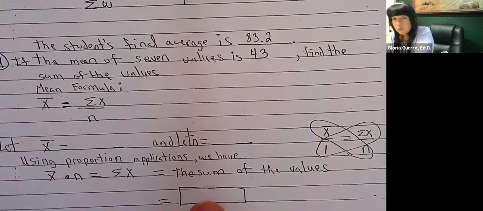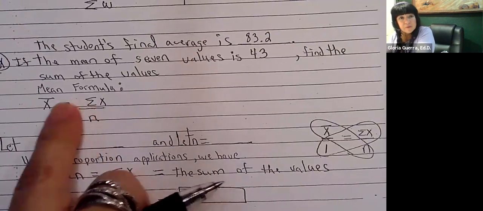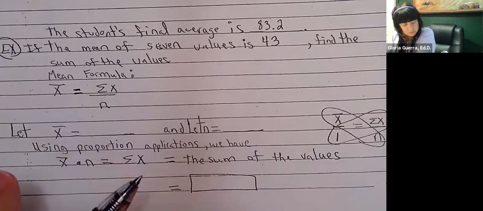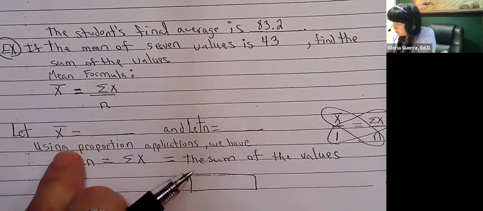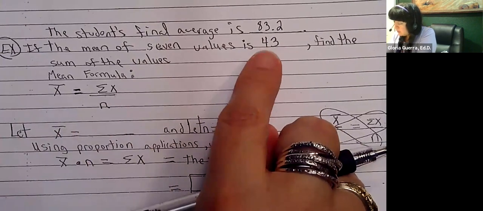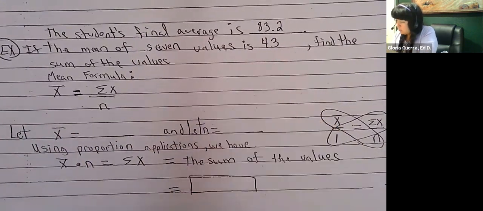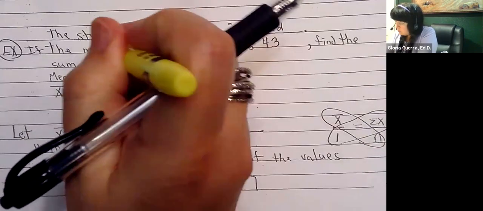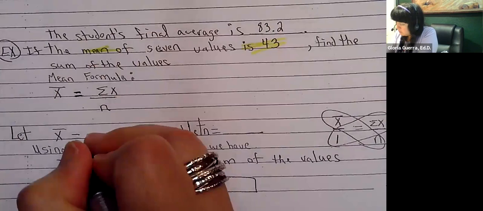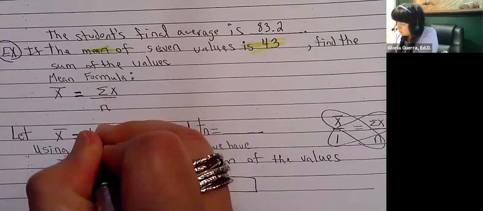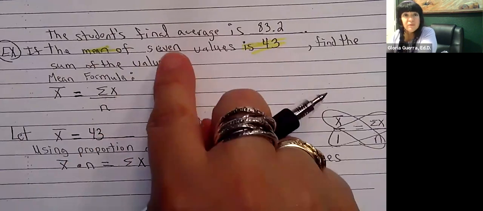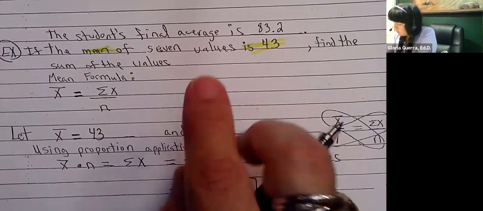Okay, so do we know any of these values? This one or this one or this one? So I have a note here to let x bar equal 43 because it says the mean is 43. And let n equal 7, right? There were 7 of them.